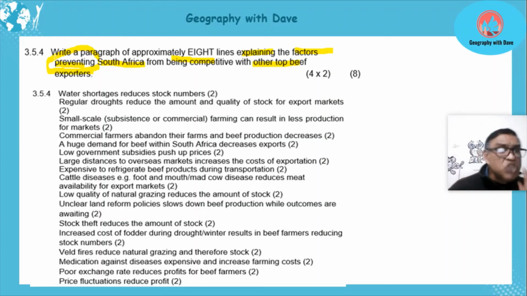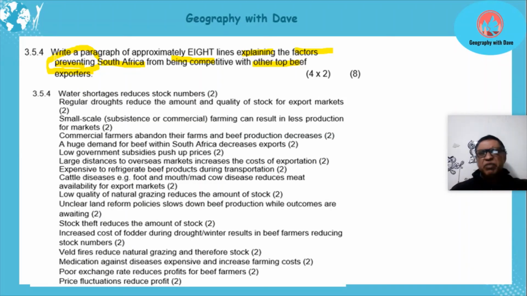Watch the words. So important. You know your work, but because you have not actually read properly, you can have a problem, learners. So it's preventing, it's stopping us from becoming more competitive, stopping us from competing with the top beef exporters like Brazil. What are the factors?